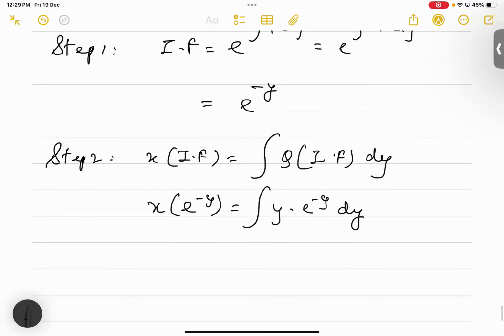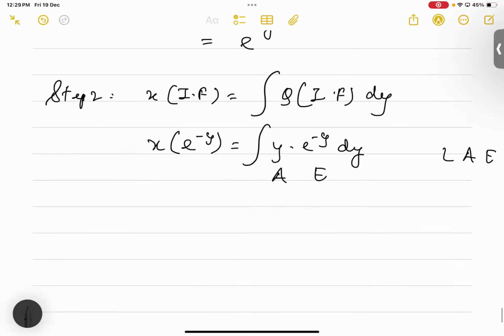Guys, you will require my help. Yes, will. So can you identify the right hand side? How to solve this? U into v. LIATE. This is algebraic, y in the base, power is 1. This is exponential, y in the power.